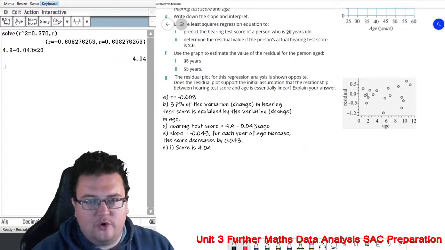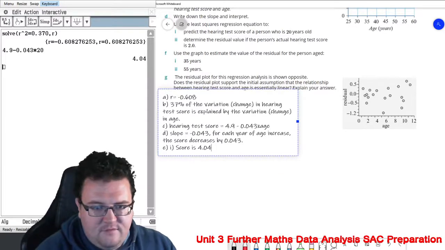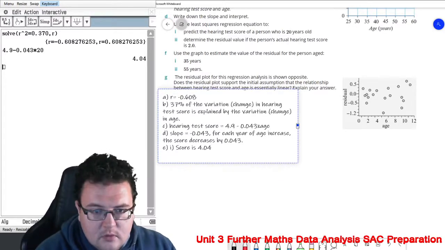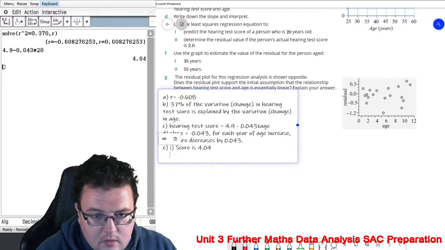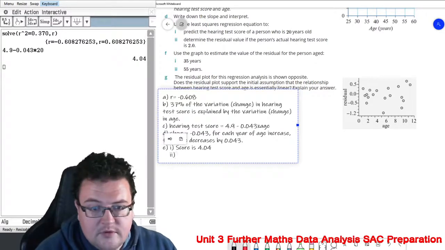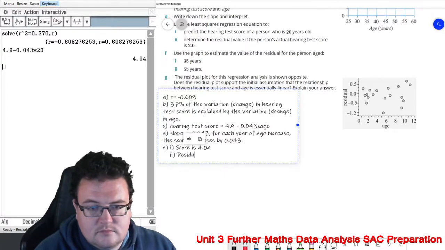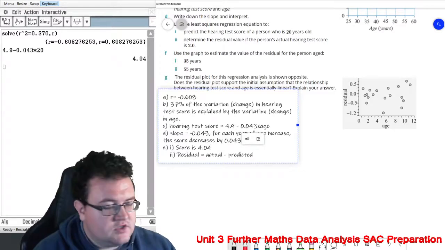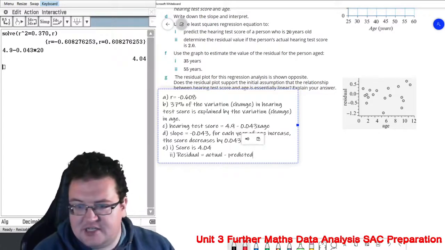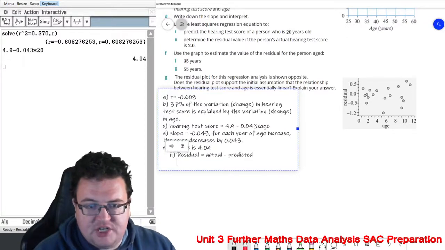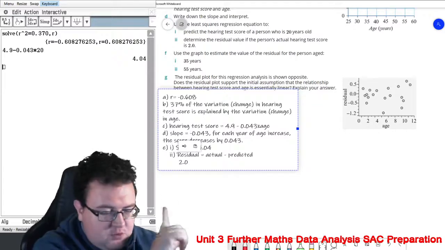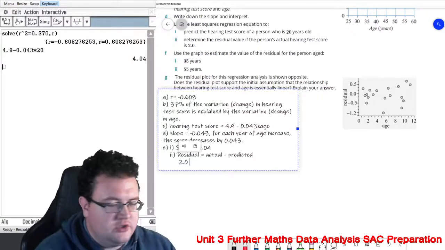The actual score is 2.2. Therefore, the residual is equal to the actual minus the predicted, because the question said the actual score was 2.2.